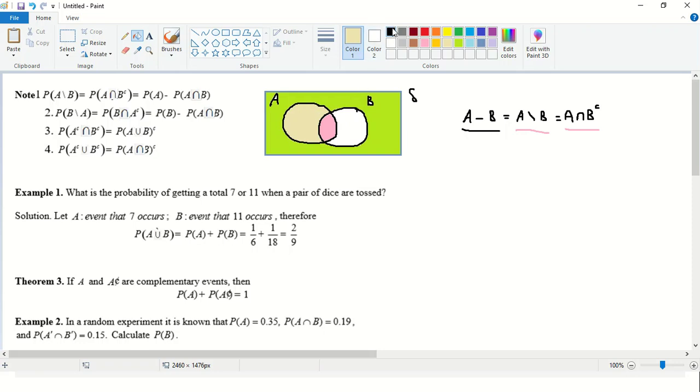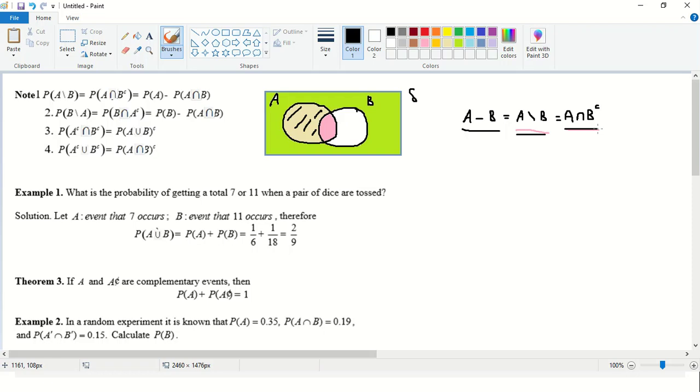So the shape that we have over here contains all the events of A minus the set B. So A minus B, or A slash B, is equal to A intersected by B complement.